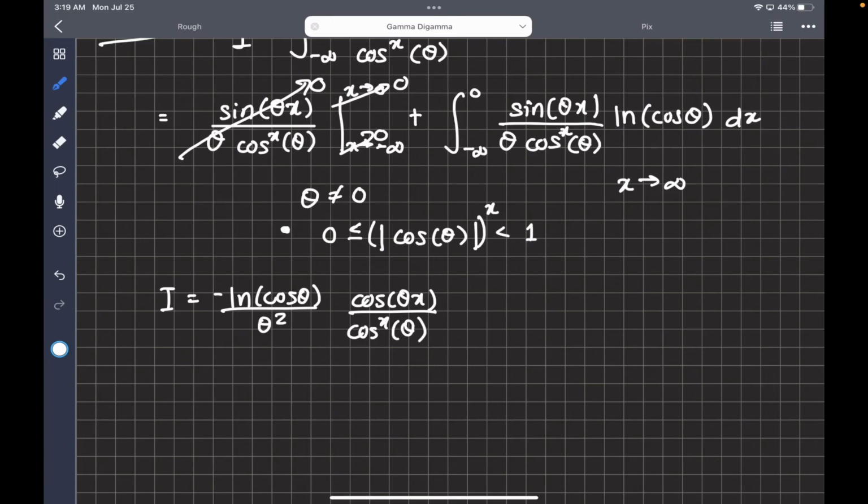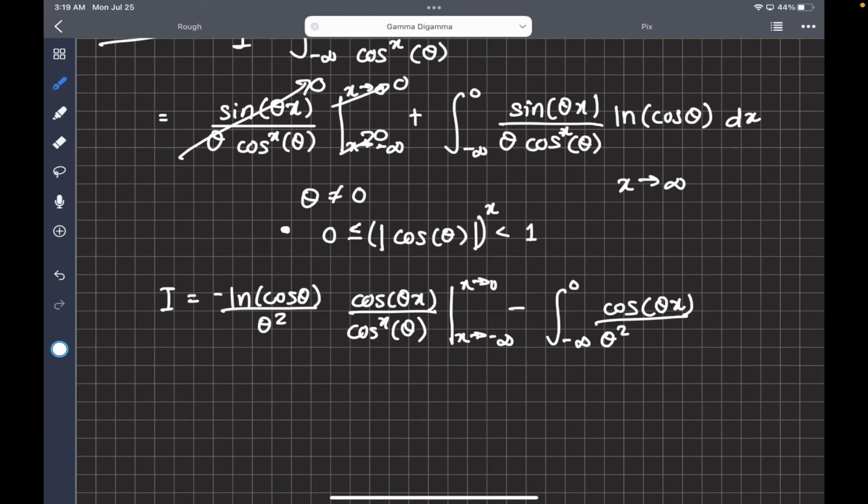This is just integration by parts on the second guy, on the integral that remained. x going to minus infinity, minus the integral from minus infinity to 0 of cosine theta x, theta squared.